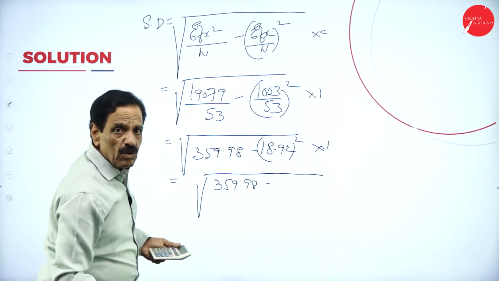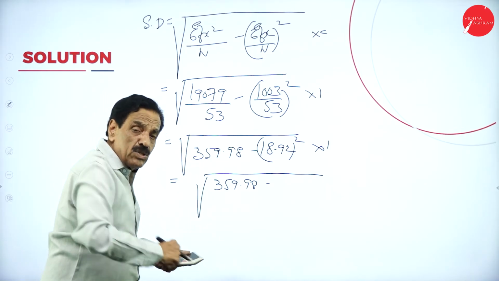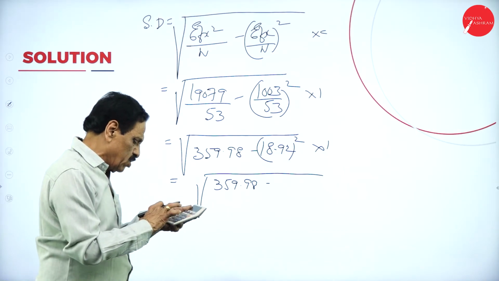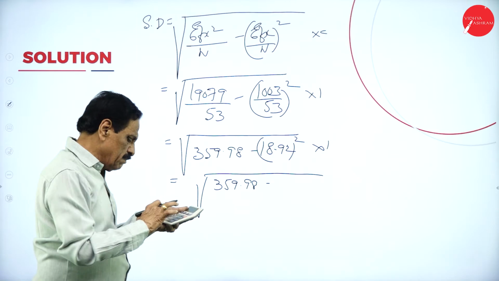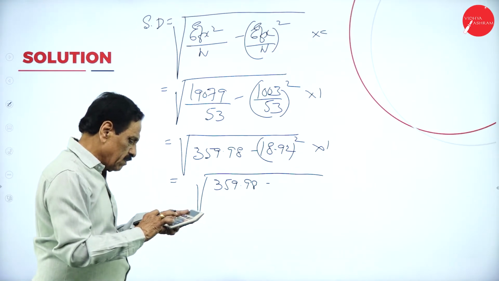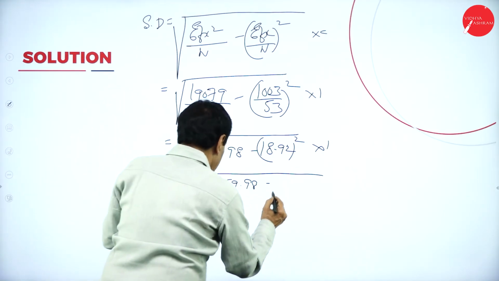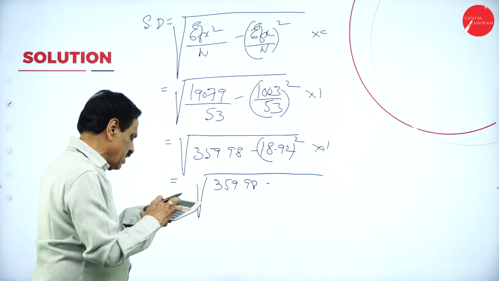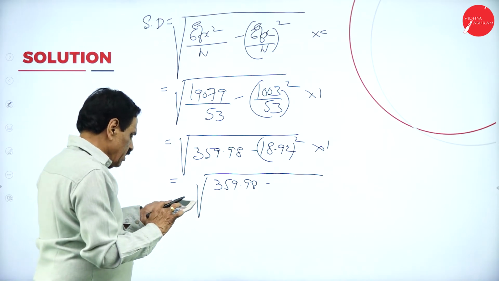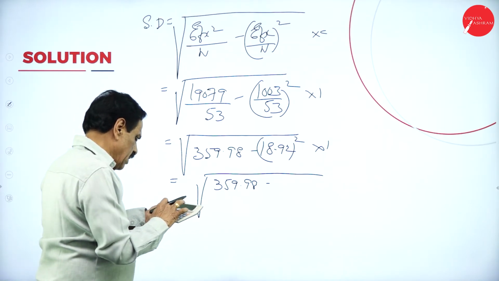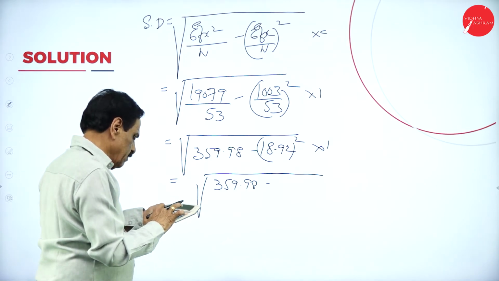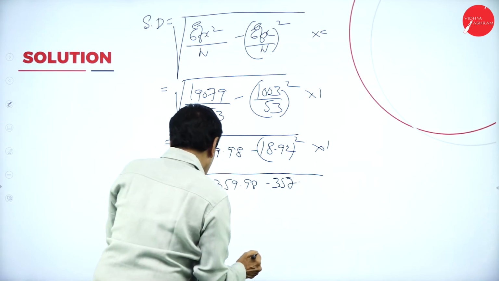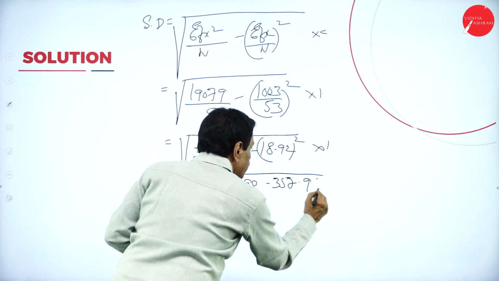Simplify this. Root of 359.98 minus, what is next to do? 18.92 into 18.92 we have to do, which is 357.96.